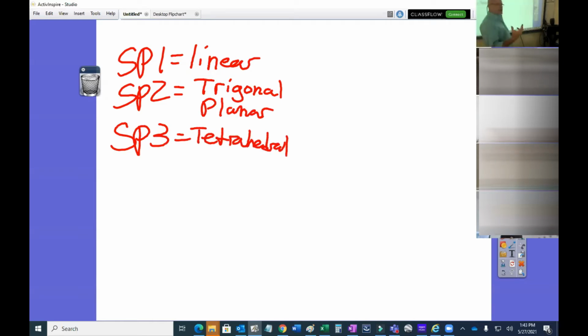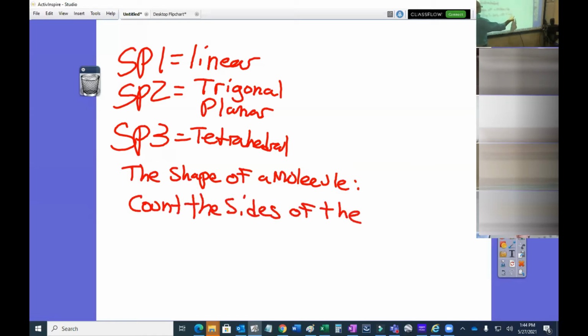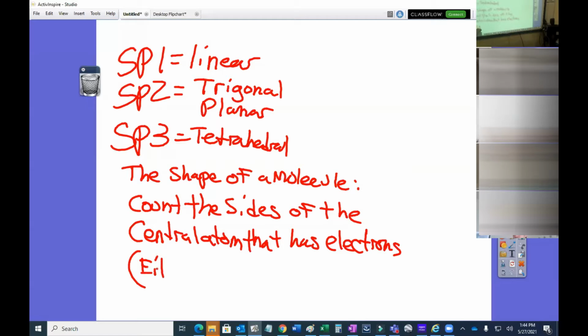Now here's how you're going to determine the shape. Quick and dirty, right here. Count the sides of the central atom that has electrons, either bonded or unbonded. Count the sides of the central atom that has electrons.